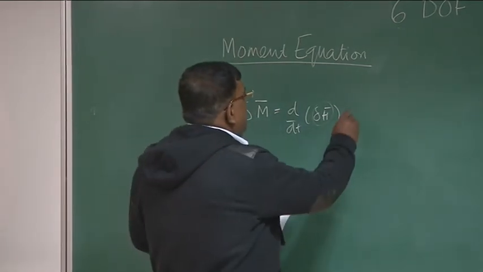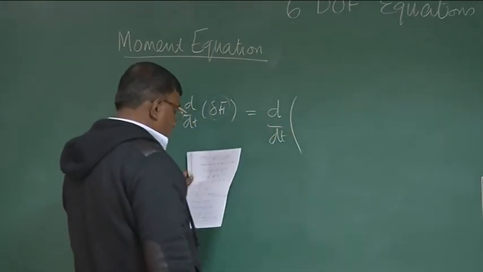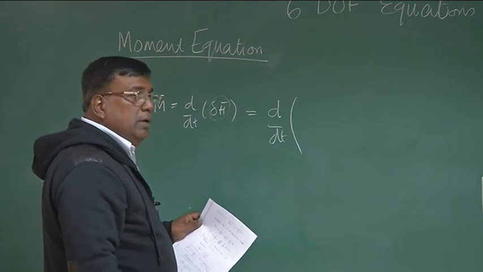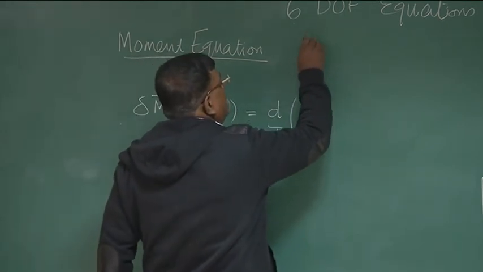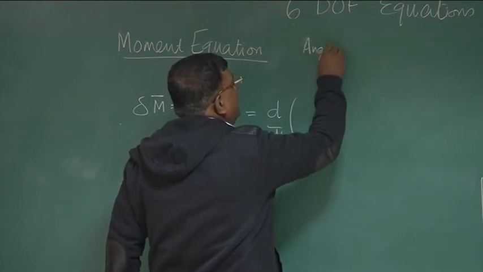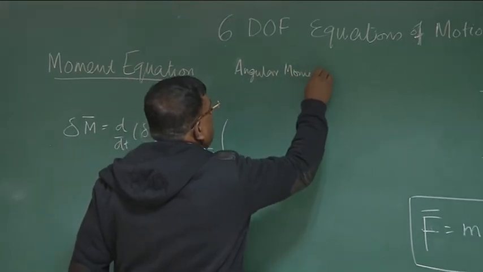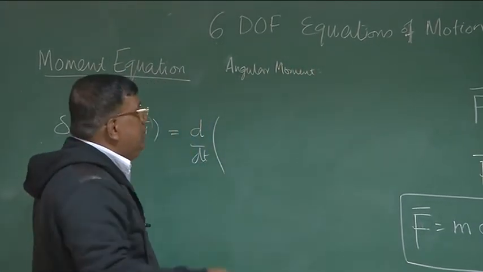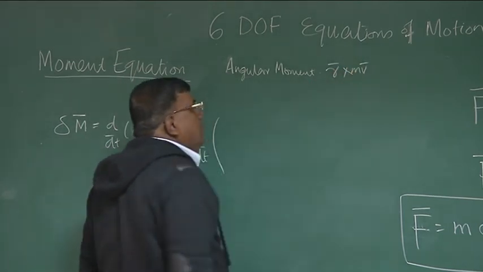So this I can write, by definition, d by dt. The definition of angular momentum, go back to class 11, 12, is the moment of the momentum, and it is defined as r cross mv.